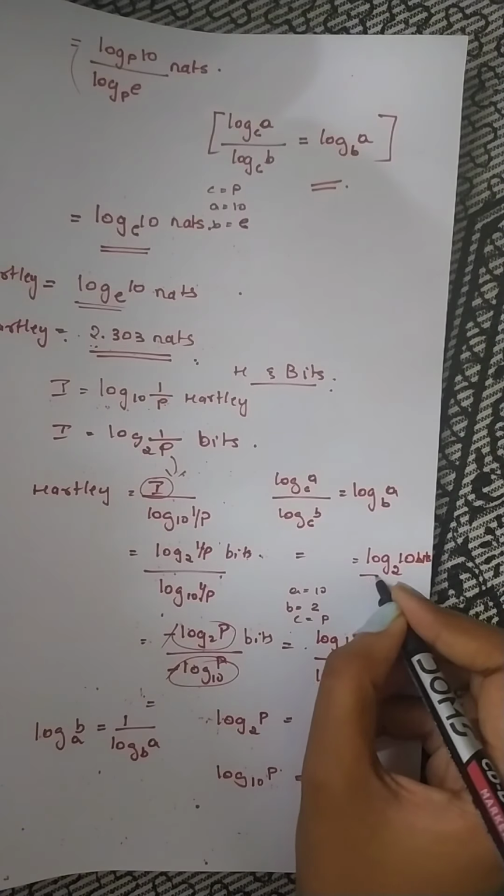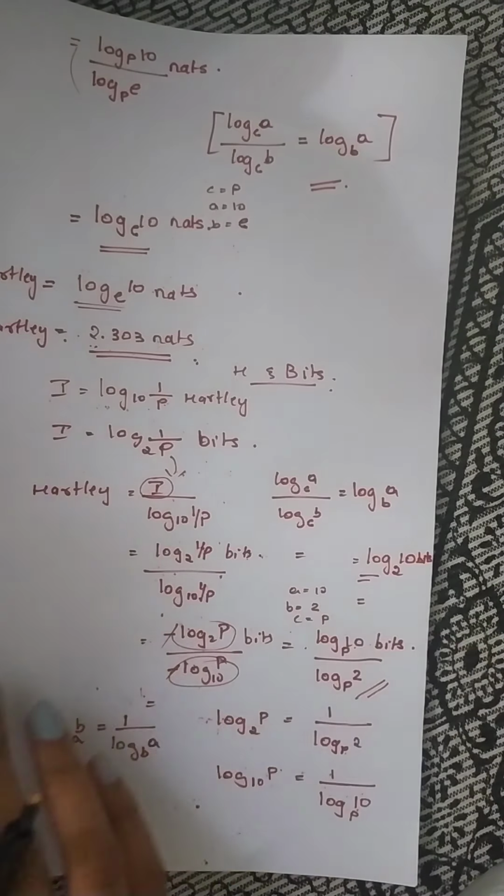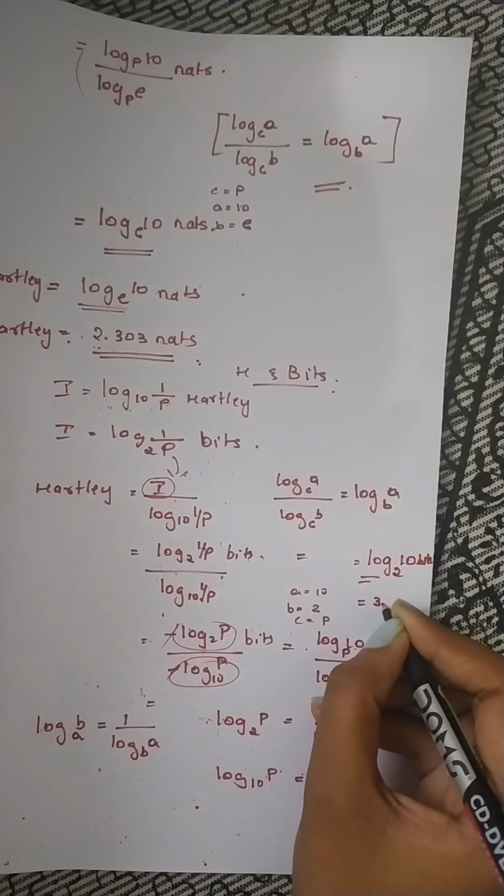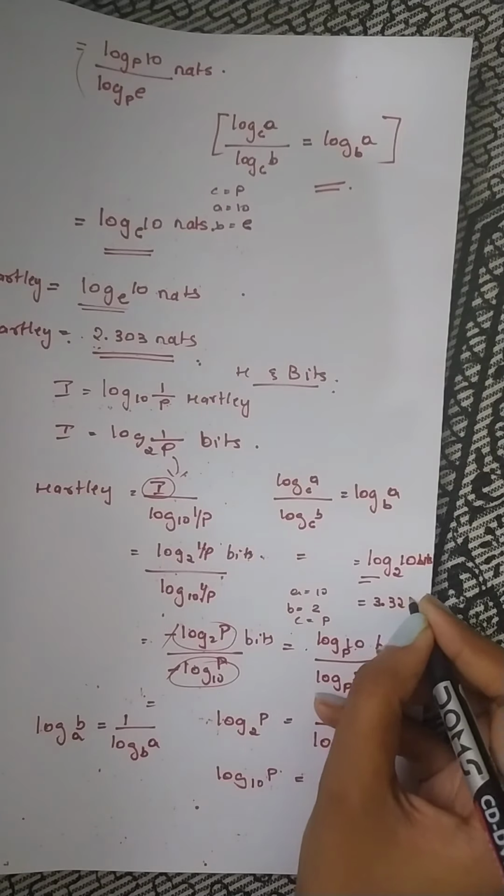Put it in your calci, the value will be 3.32 bits.